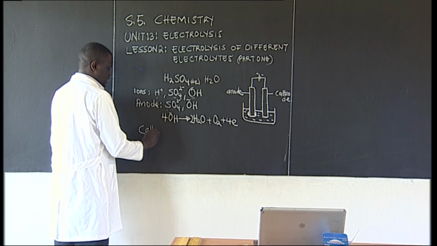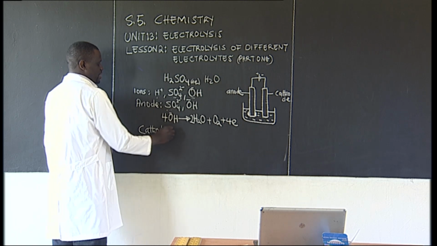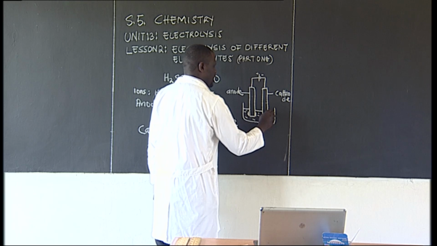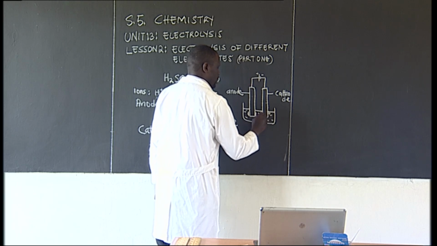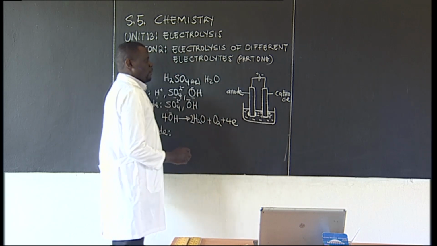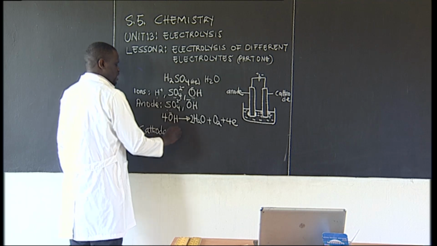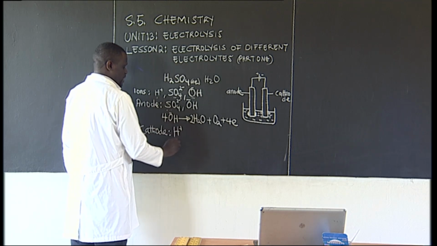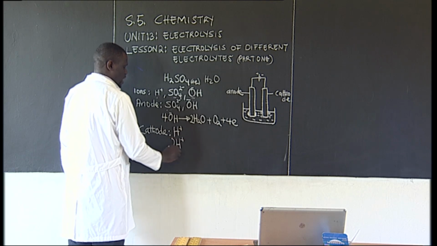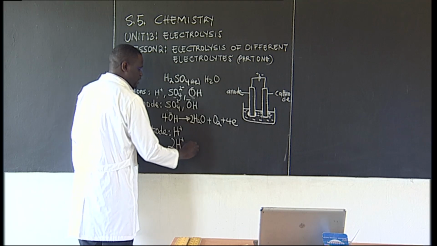Then we have our cathode. At the cathode, we call it the negative plate. So it will attract the positive. At least these ones we can illustrate them. Attract the what? The positives. Meaning at the cathode we have only H+, and H+ will undergo this reaction. So who can tell us what we can produce? Yes, we are going to produce hydrogen.